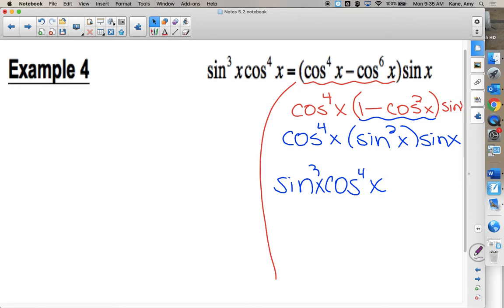All right, how did you do with the other side? I don't even want to look at it. I think it's one of those sides that just doesn't work. Okay, so Carrie said take out a sine. There's really no factoring because factoring involves having 2 things, 3 things. But Carrie, you're actually right.